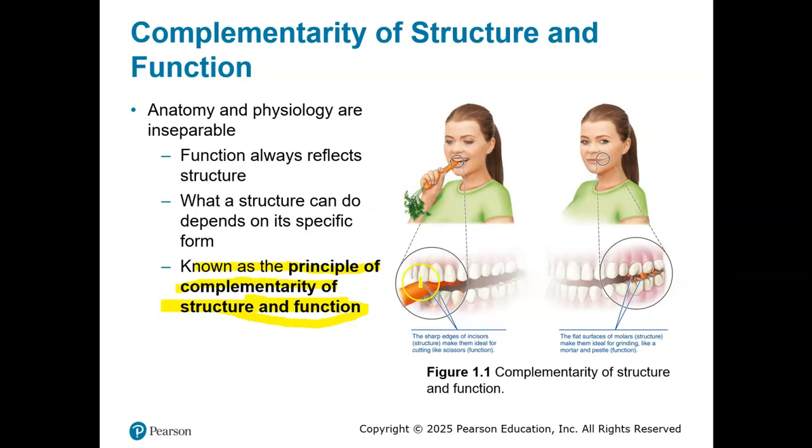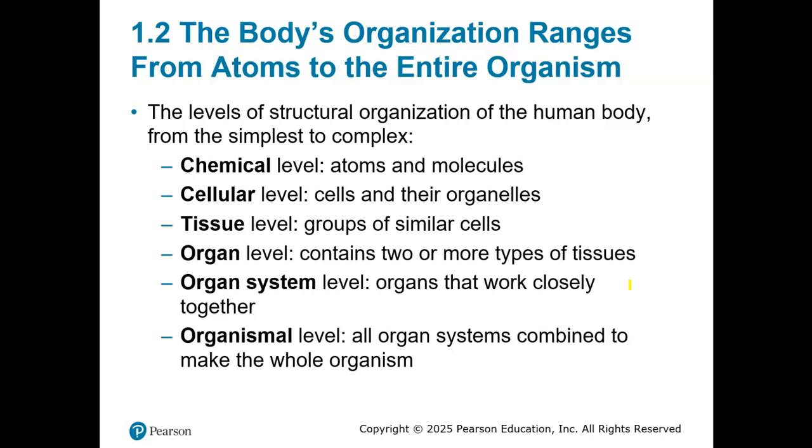These teeth, called incisors, are shaped for cutting. So you can bite into a carrot and cut the carrot because of the sharp incisors. And then the teeth in the back, the molars, are shaped for crushing. So when we start chewing our food, we use our molars typically. So the structure determines the function. That's the principle of complementarity.